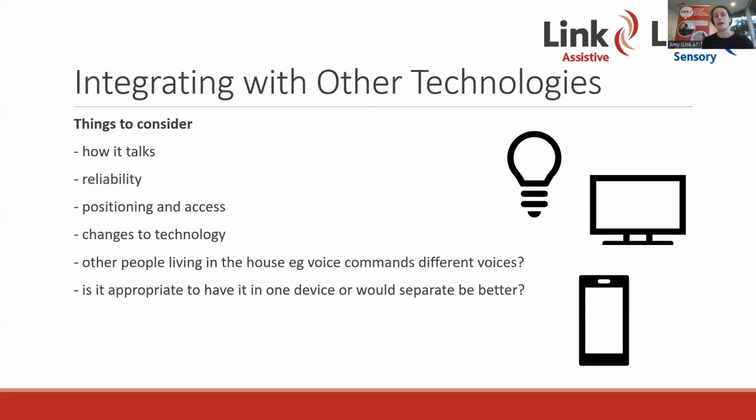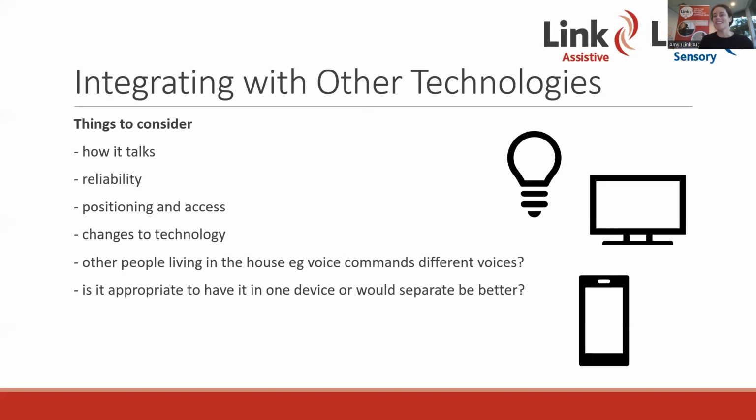Sometimes we have to think about the other people living in the house. So for example, if you're using Google or Alexa, which have voice commands, if there's 5 people talking at that smart speaker, that often can make it really unreliable. So we might need to consider other people in the house, and that might influence our choice of options. We may need to think about, is it appropriate to have all this integrated in one device, or would separate be better?